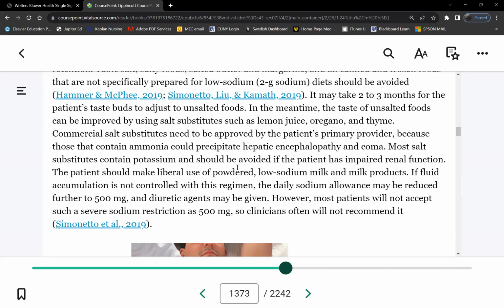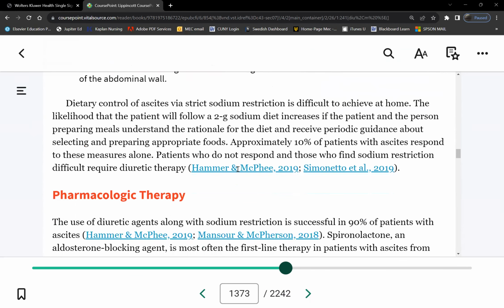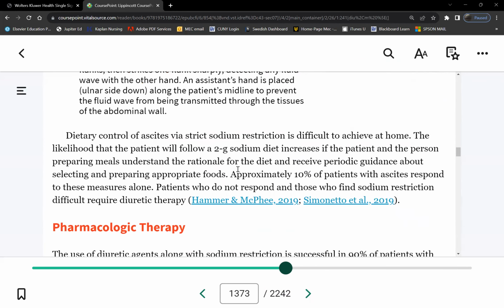But again, there's hepatorenal syndrome here, so this can lead to CKD. So once there's evidence of CKD, then you have to limit the potassium as well. Salt, definitely we limit.